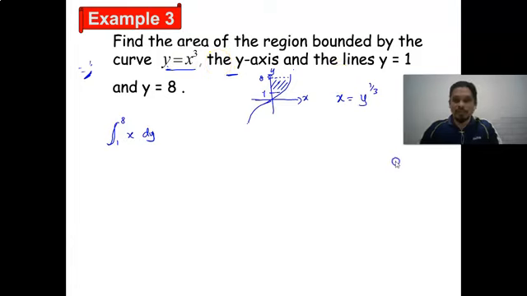We want it in terms of x equal to f(y). So the power of 1 over 3 on both sides, and x equals y to the power of 1 over 3.